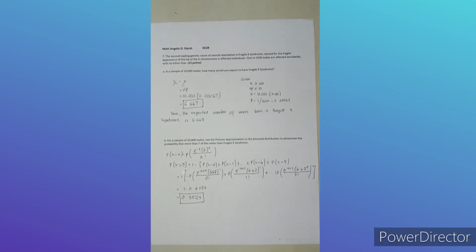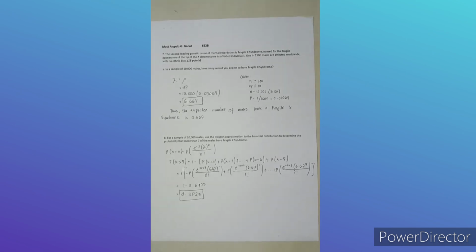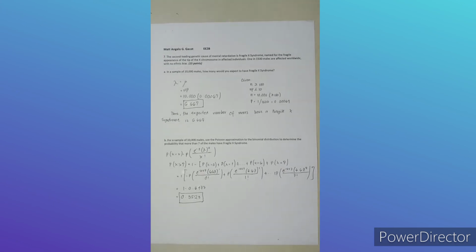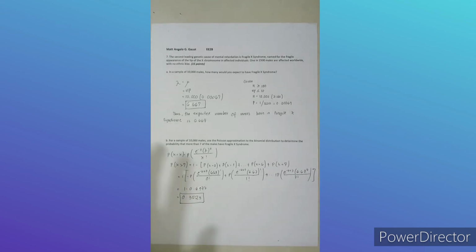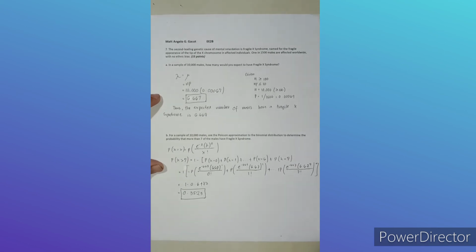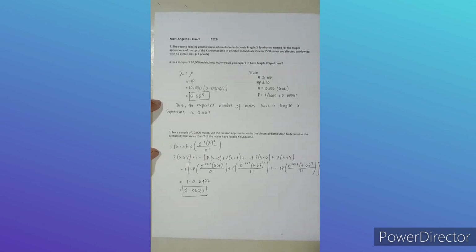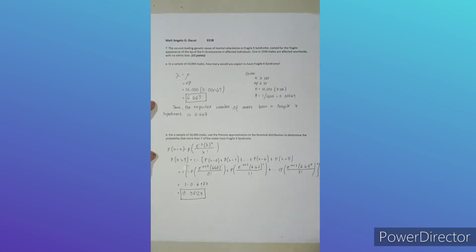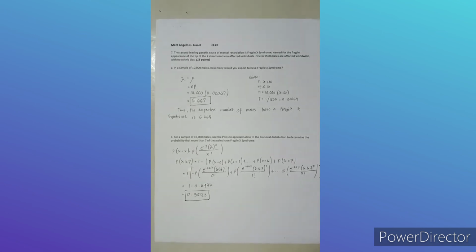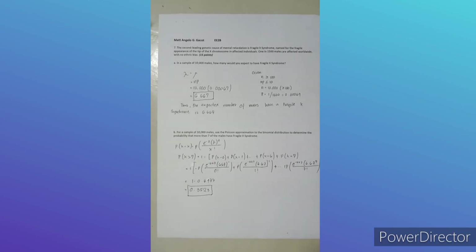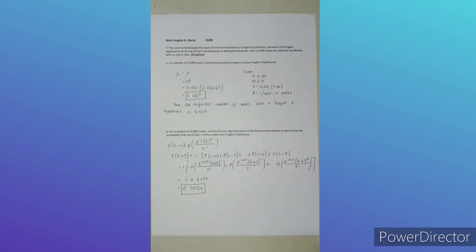So p equals 1 over 1,500 equals 0.00067. Applying the formula of lambda, we got 6.667. Thus, the expected number of males with Fragile X syndrome is 6.667.